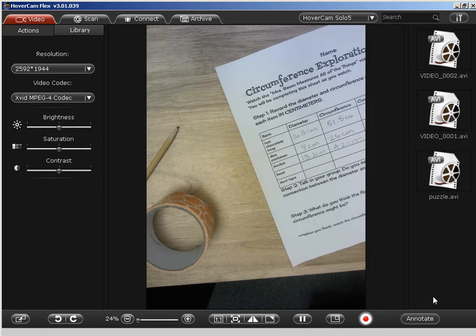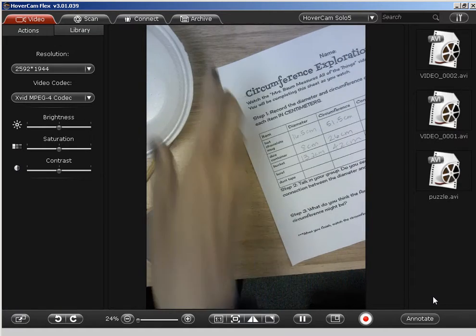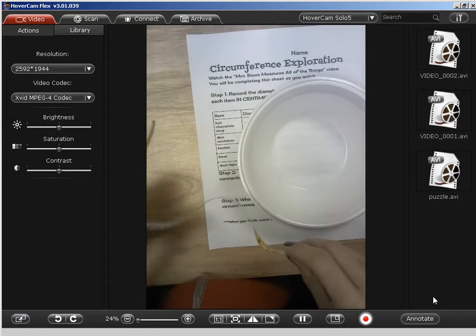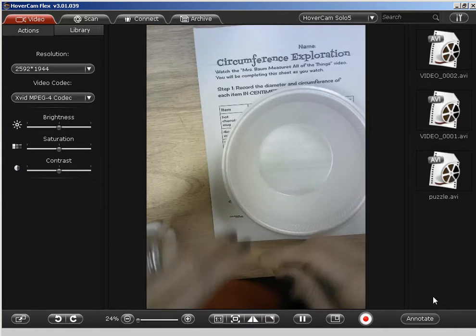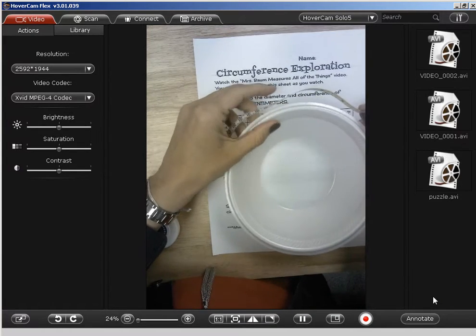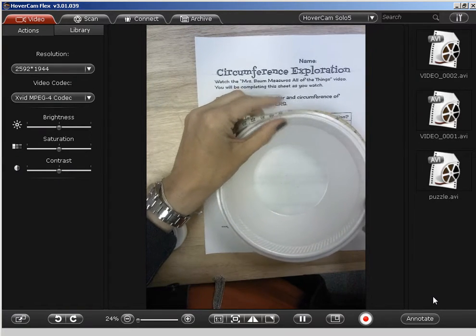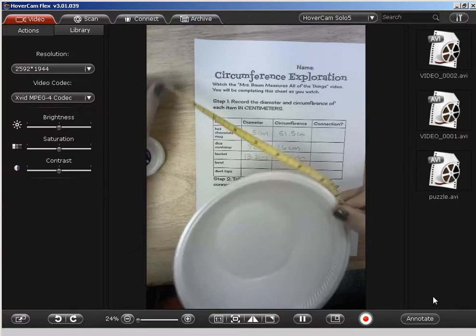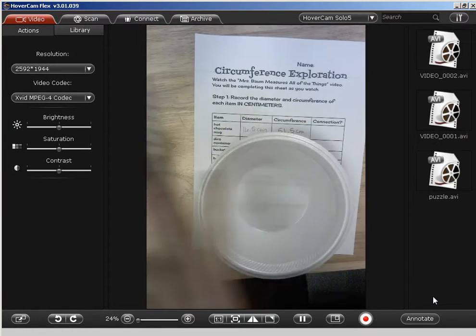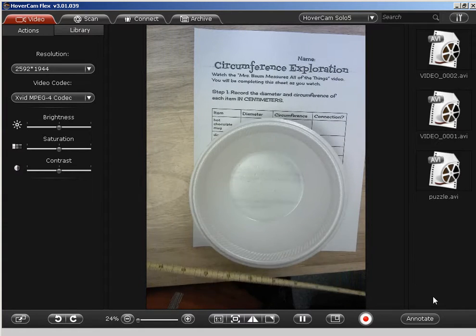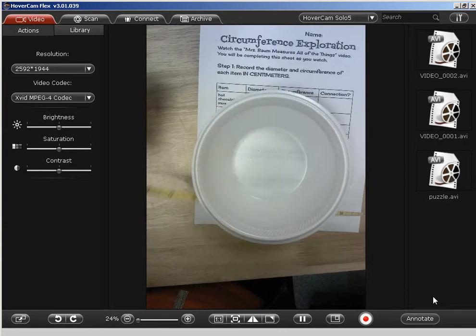The next thing that we're going to be measuring is the bowl. So here's our bowl. And I'm not sure if I'm going to be able to make this happen, but I will do my very best. If only I had another pair of hands, guys. I'm sure you're all laughing at me right now.